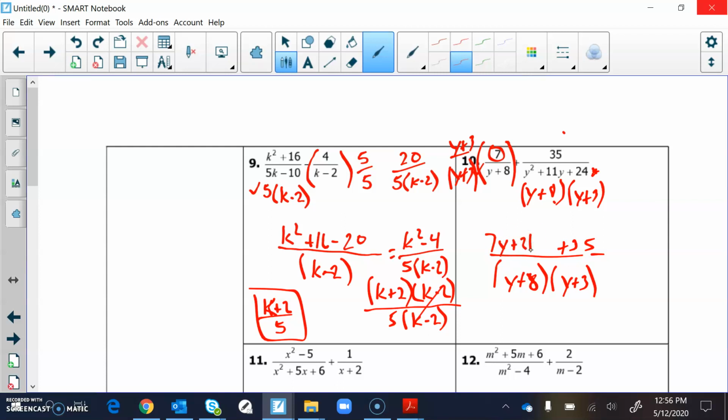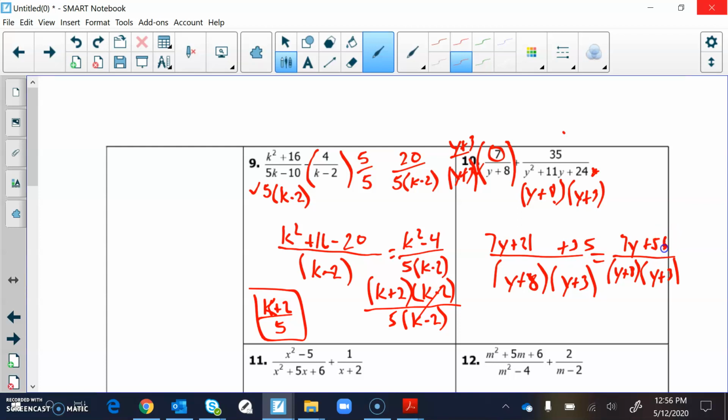Okay, so we put all that together, and we can say 7y plus 56 over, I hate rewriting these, and normally in class I would just not write it, but I want to be thorough since we're not together. Now the numerator, again, guys, you're always looking to factor, always, always, always.